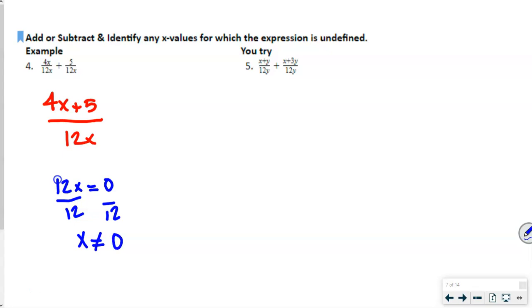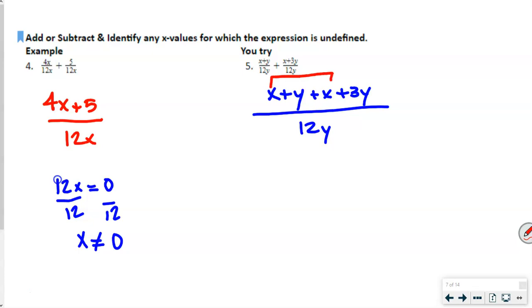So now we're going to do our U-try. Pause the video, go ahead and do this, and come back to me when you're done. So here again, we got our x plus our y plus our x plus our 3y because they're both over the same 12y, right? So we're going to look at our like terms. So we got an x and an x, that would be 2x. We got a y and a 3y.